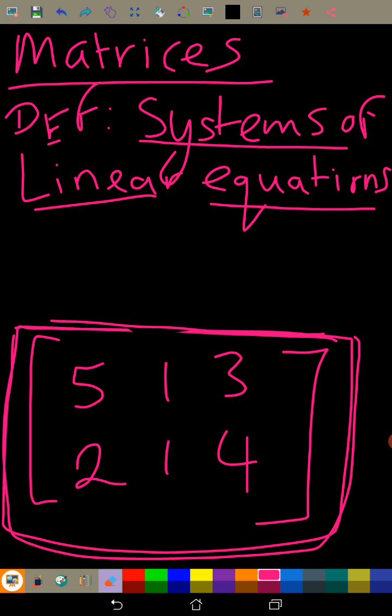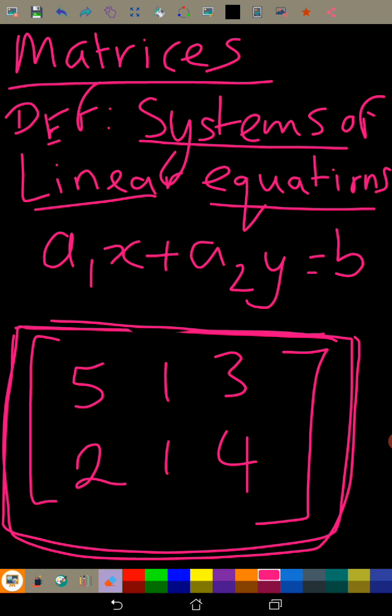A linear equation is in the form a1 x plus a2 y is equal to b, where a1, a2, and b are real numbers. They can be negative, they can be fractions, they can be all these things.